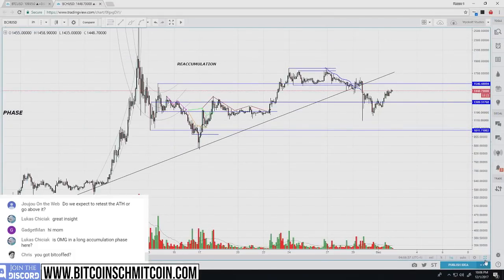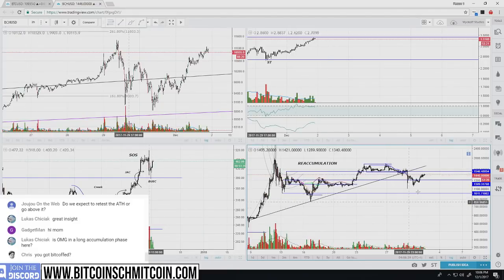Okay. What's another coin I was looking at?